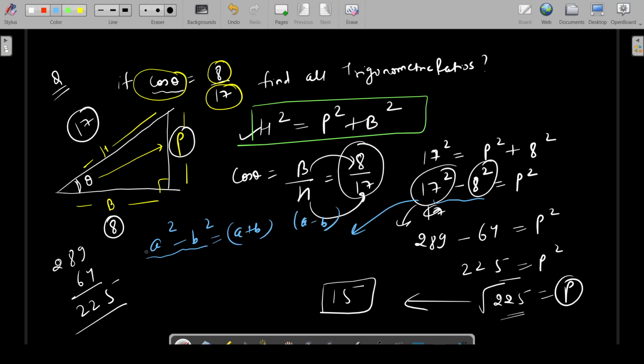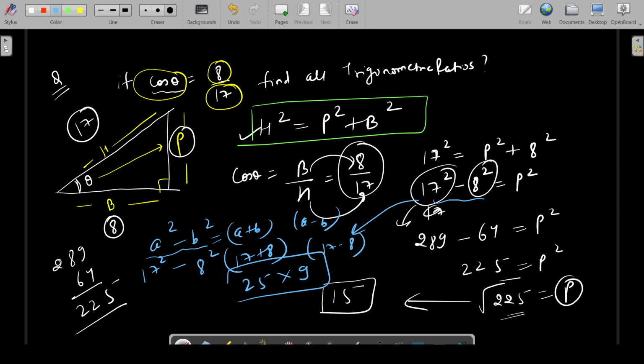So 17 plus 8 is 25, and 17 minus 8 is 9. Now the square root of 25 into 9, that is 5 into 3, which is 15.